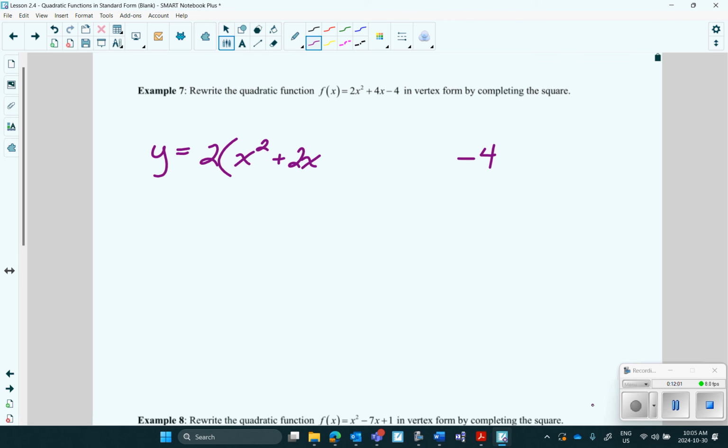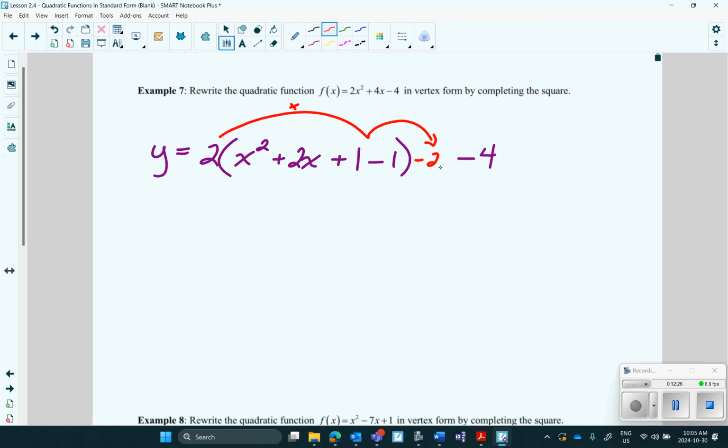And now, focus on the inside of the parentheses and complete the square. Add 1 minus 1. Remember, that's still in the GCF parentheses. So I got to bounce this out. But in order to remove the -1, I got to times it by 2 as I take it out.